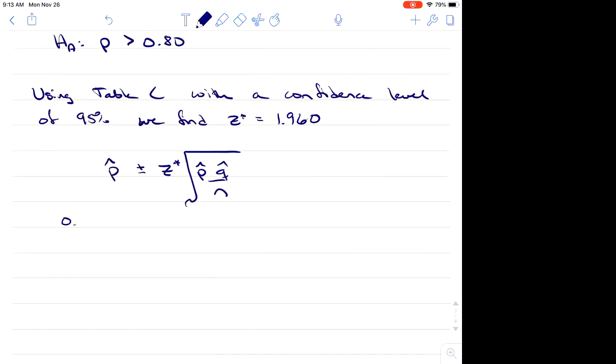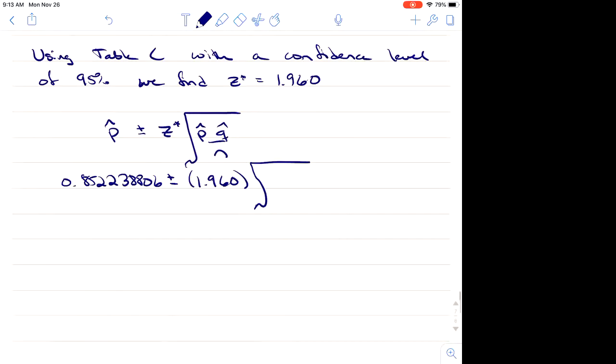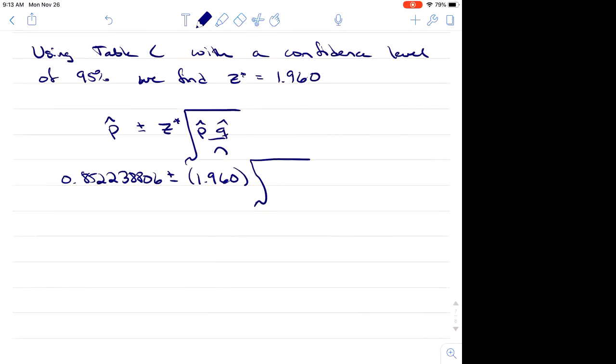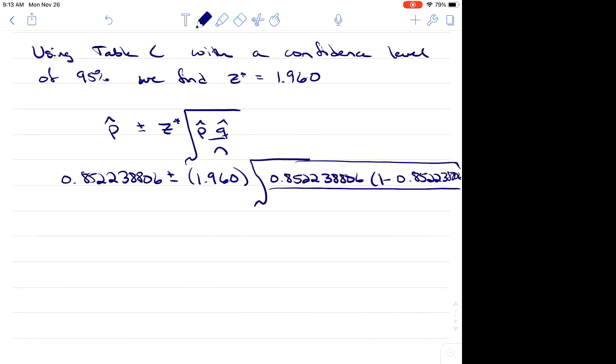So we've got 0.852238806 plus or minus z star, which is 1.960, times the square root of p hat, 0.852238806, times 1 minus 0.852238806, over n, which is 670.